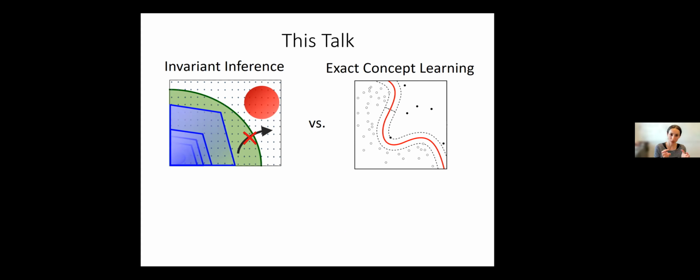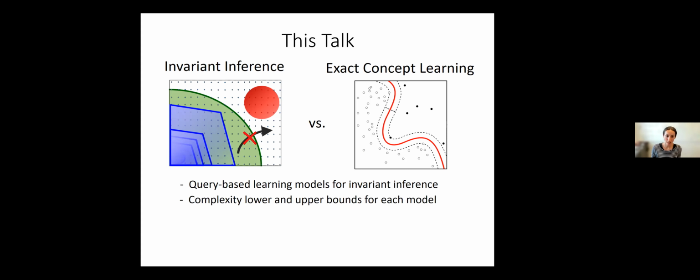Okay, so basically, this is what I'm going to do next. We talked a bit about SAT-based invariant inference, a bit about exact concept learning. And I want to look at SAT-based invariant inference by comparing it to exact concept learning. What we will do is define two query models for invariant inference. So the question from before, which SAT queries, we will have two answers to that, two models that we consider.